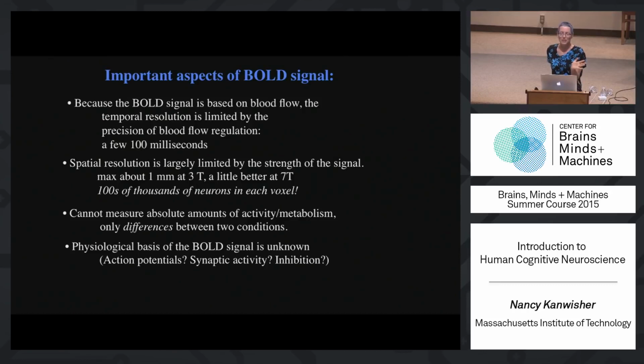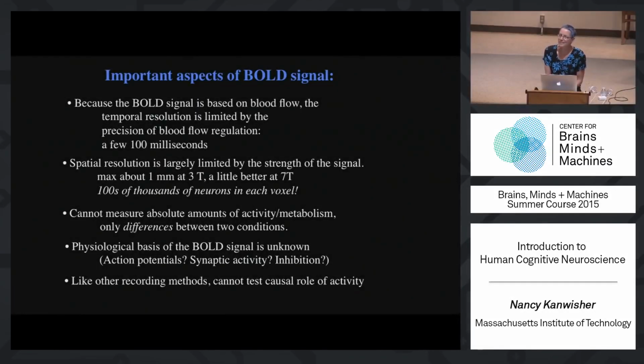It could be all kinds of different things. Anything that's metabolically expensive is likely to increase the blood flow response. In practice, when people have looked at it, it's very nicely correlated with firing rate. Right, with some bumps and caveats, so you can never be totally sure, but it's a pretty good proxy for firing rate. You just need to remember in the back of your mind that it could be other stuff too.